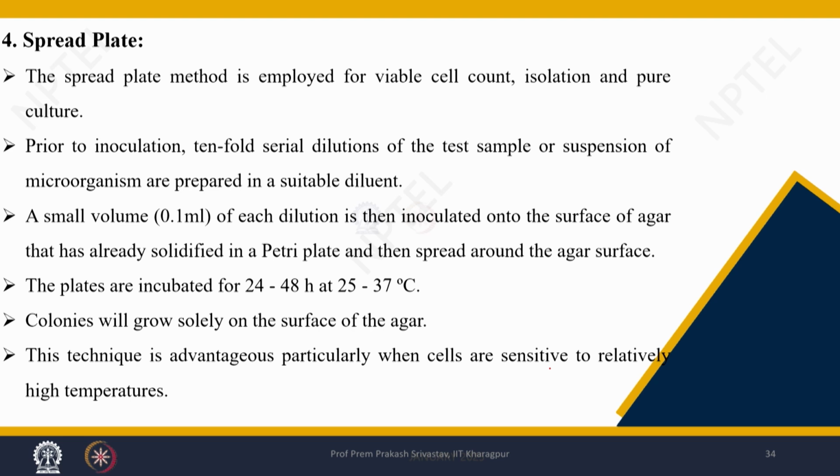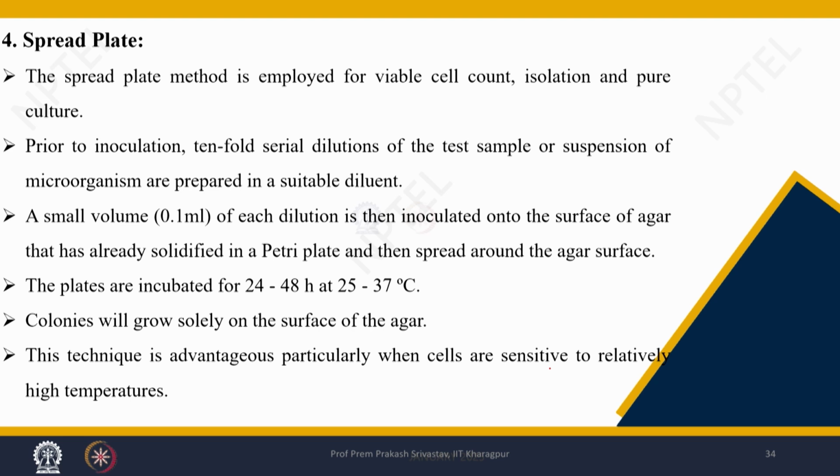A small volume, approximately 0.1 ml of each dilution is then inoculated onto the surface of agar that has already solidified in a Petri plate and then spread around the agar surface. The plates are incubated for 24 to 48 hours at 25 to 37 degrees Celsius.